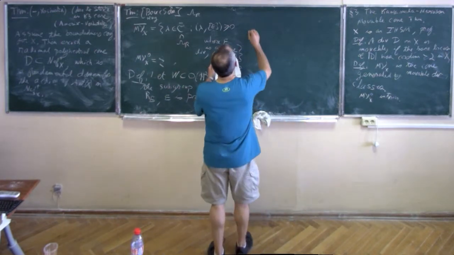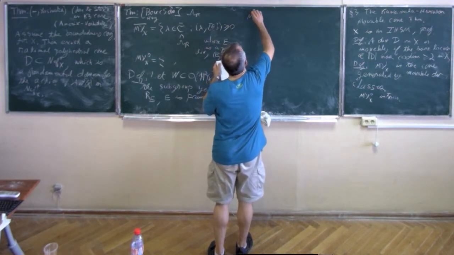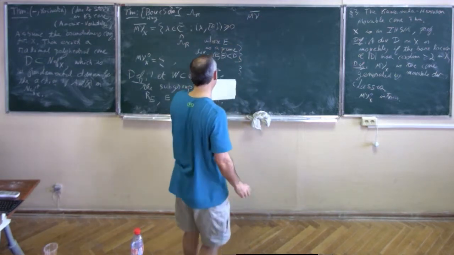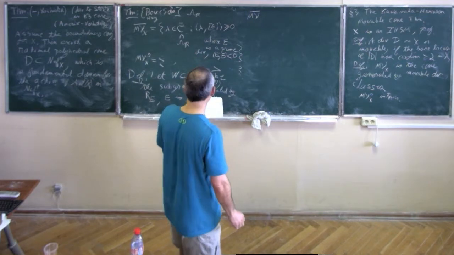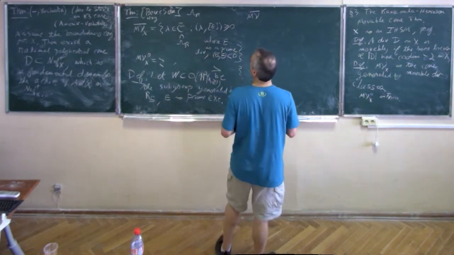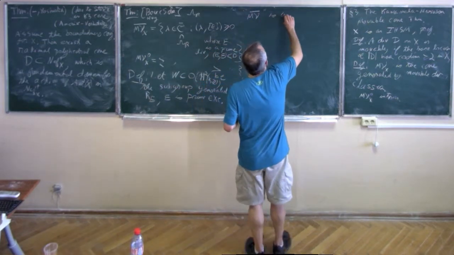So the corollary is the movable cone, roughly, intersect the positive cone, is a fundamental domain.